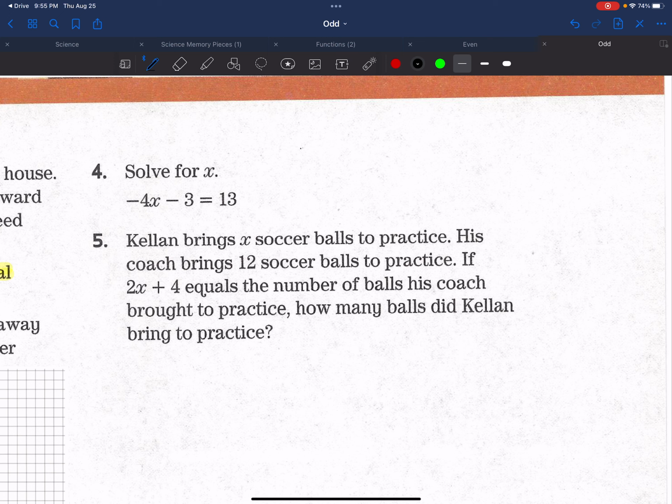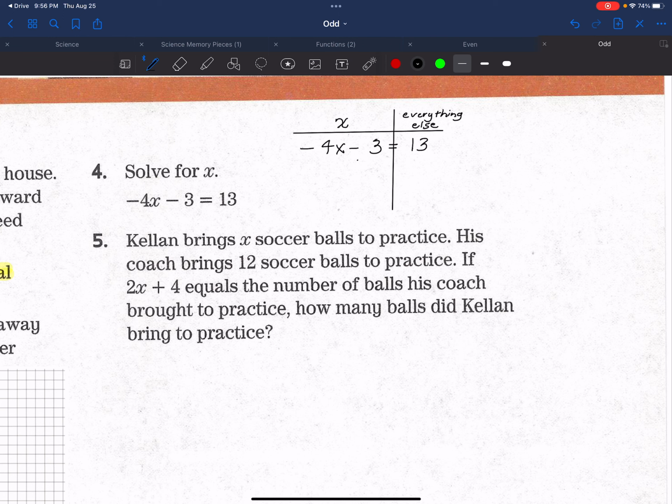So negative 4x minus 3 is 13. And our instructions are to solve for x. I see that my x is on this side, and I want everything else on this side. All I want left is an x. So everything else needs to come over here.